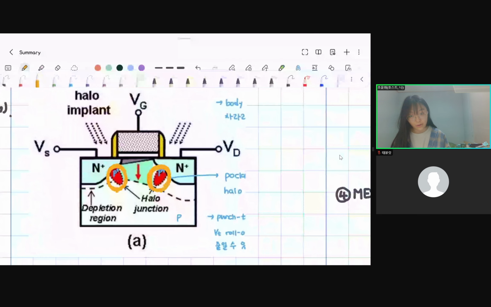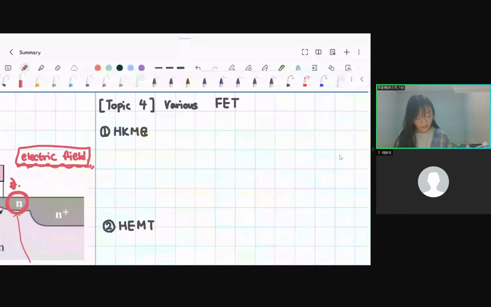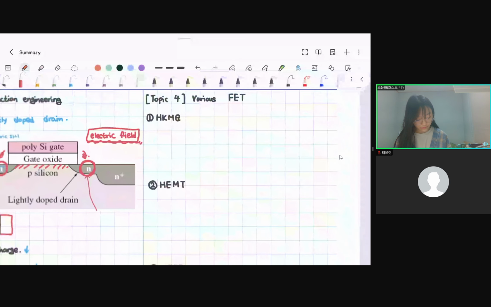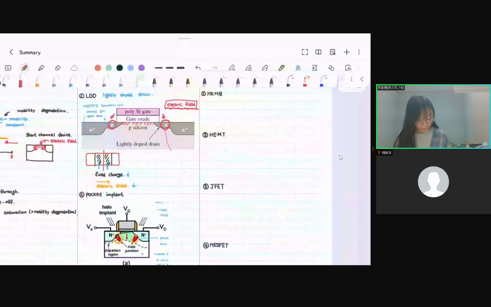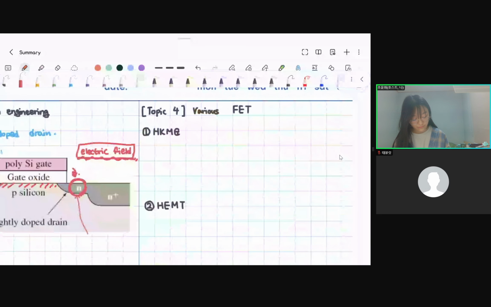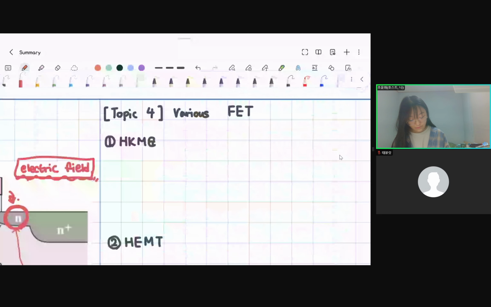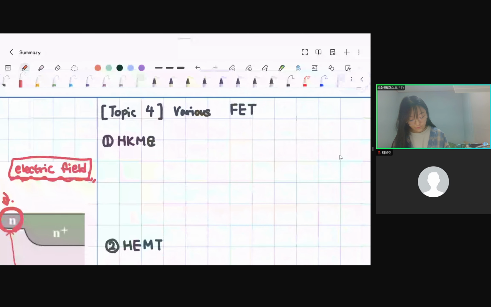And the last chapter is various field effect transistors. There are a lot of field effect transistors from now on, so I will introduce four things about FET. The first is HKMG.